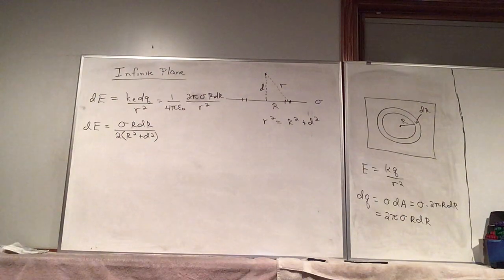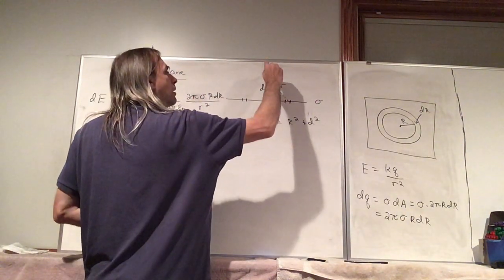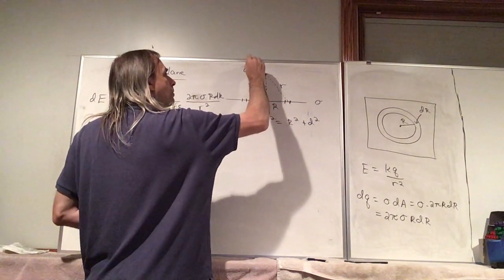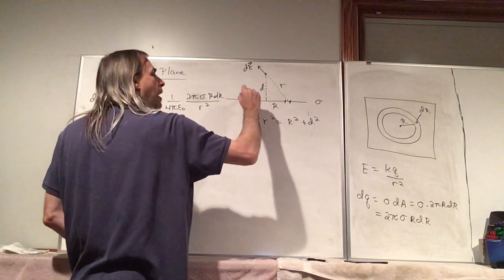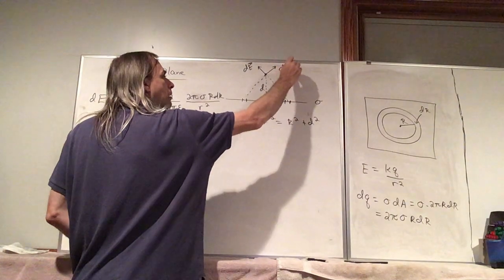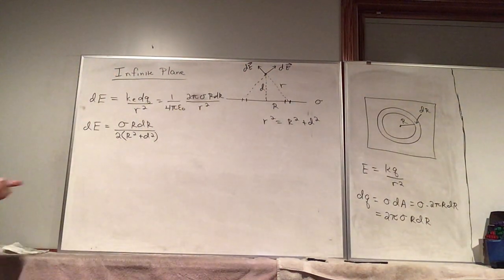What about the direction? If we look at this point here, we have an electric field that points this way, radially away from that charge. If we look at this point, we have a dE pointing in a different direction.